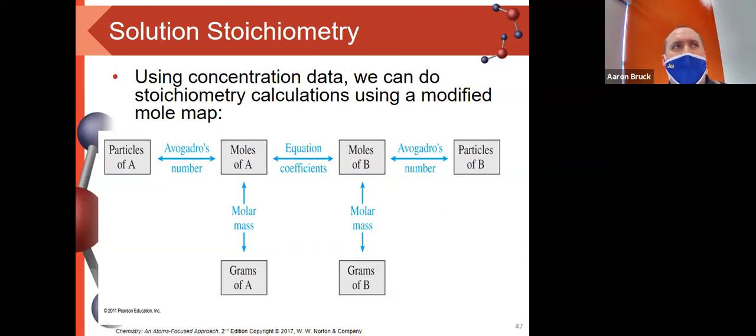That is all that stuff that we did in chapter 7 with regard to stoichiometry, getting in and out of moles to do calculations based on chemical equations. We can do the same thing with solutions if we start with molar concentrations of the solution. That's kind of the last bridge concept that we'll talk about in chapter 8 before we get into the other parts and applications in chapter 11.